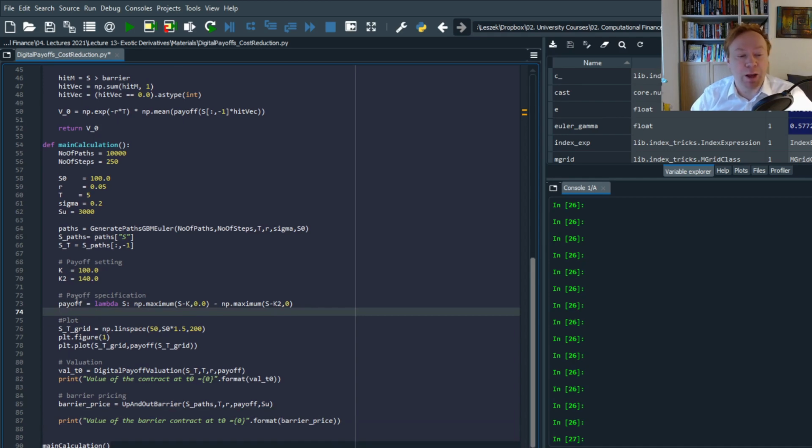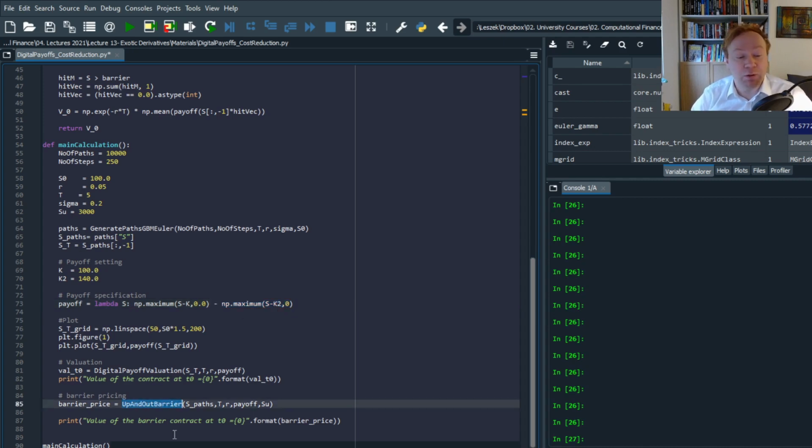We have a payoff which is significantly reduced compared to a European option, because we have this additional reduction of the infinite growth of a call option. So we see that there is a difference of two call options with two different strikes. Once the stock exceeds level K2, the potential profits from a call option are reduced, and that significantly reduces the price of a derivative.